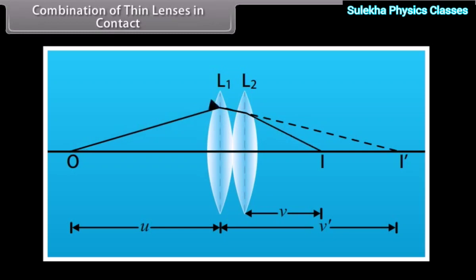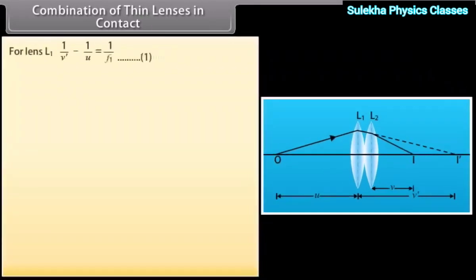That is, I' is the image formed by the first lens, L1 alone. If v' is the distance of image I' from the lens L1, then for lens L1, 1/v' minus 1/u is equal to 1/f1, name it as equation 1.